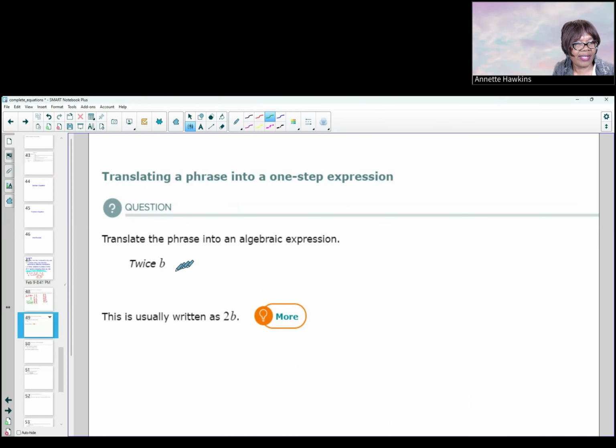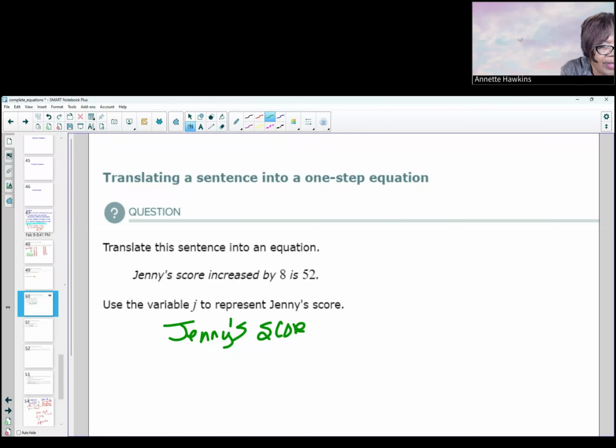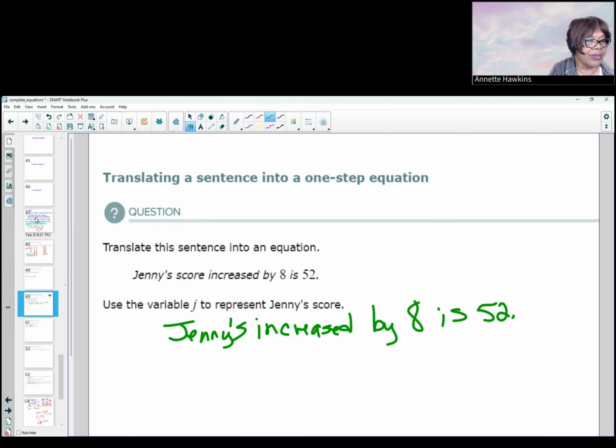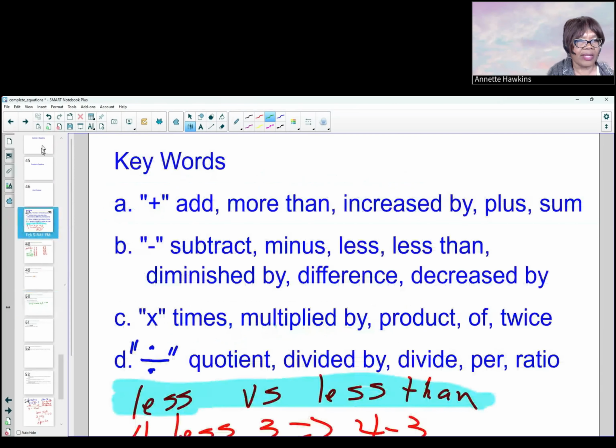Jenny's score increased by 8 is 52. Now, this is a good one. Let's go back to our words. Okay, here it is. Increased by.